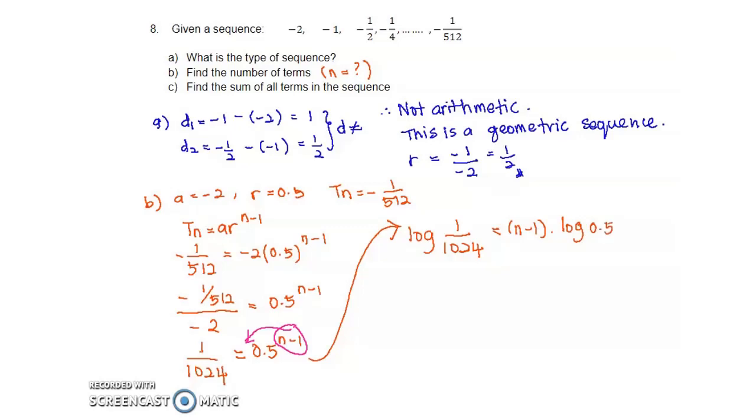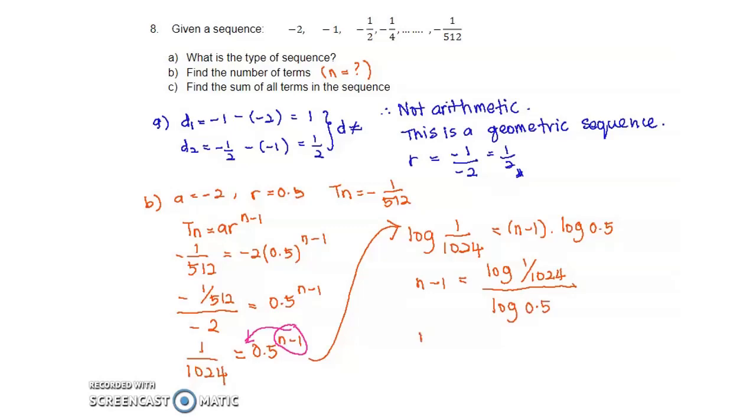Now make this part the subject. So n minus 1 equals log 1/1024 divided by log 0.5, because multiplying moves to the other side as divide.